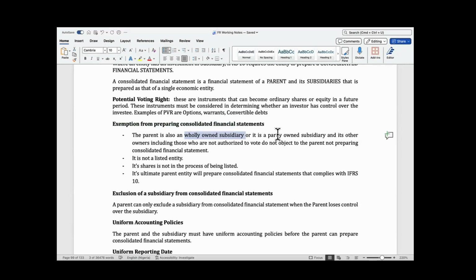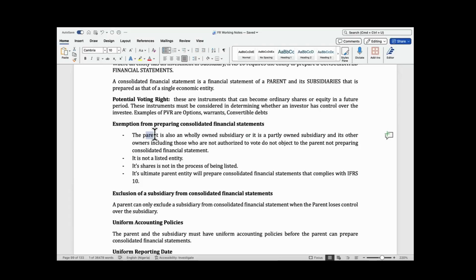Meaning that even though you are a parent, you too have a parent. Somebody owns you wholly or partly, and they don't care, because they will prepare consolidated financial statements. So they are not really bothered about you preparing or not preparing.